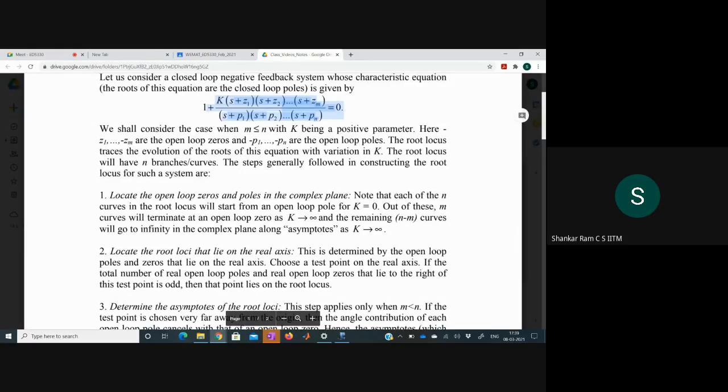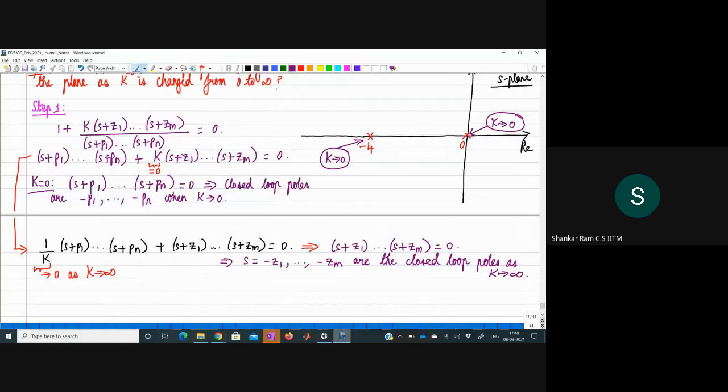Out of these, m branches will terminate at an open loop zero as k tends to infinity, and the remaining n minus m branches will go to infinity in the complex plane. In our problem, there are two branches: one starts at 0 and another at -4. Any questions on step number 1?